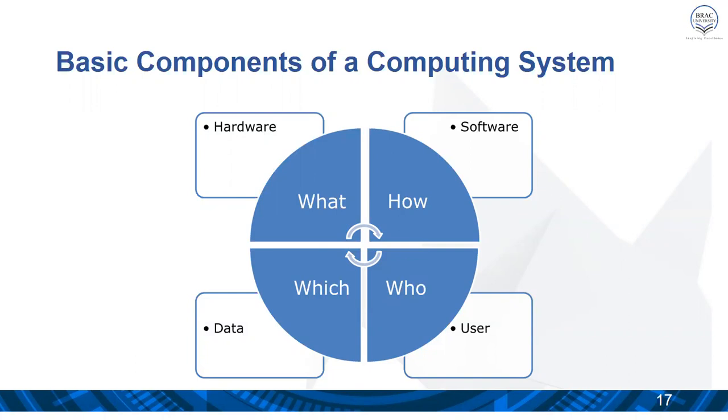How refers to the software, that means the way of performing a task given to the computer. And who refers to the user. And which refers to the data that is to be processed by the computer.